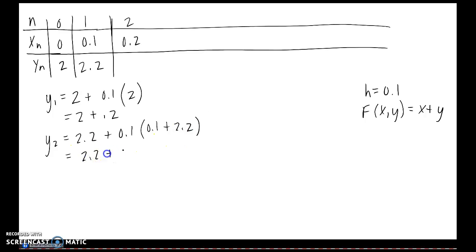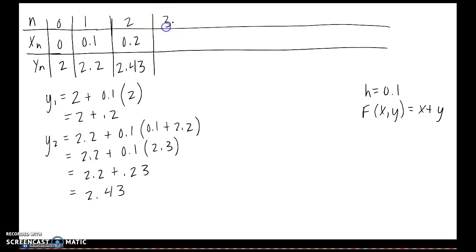So 2.2 plus 0.1 times 2.3. And again, these are non-calculator, okay? I'm multiplying by a tenth. So each derivative, we just move the decimal to the left one place. So 0.23. And now that gives me a y coordinate of 2.43.